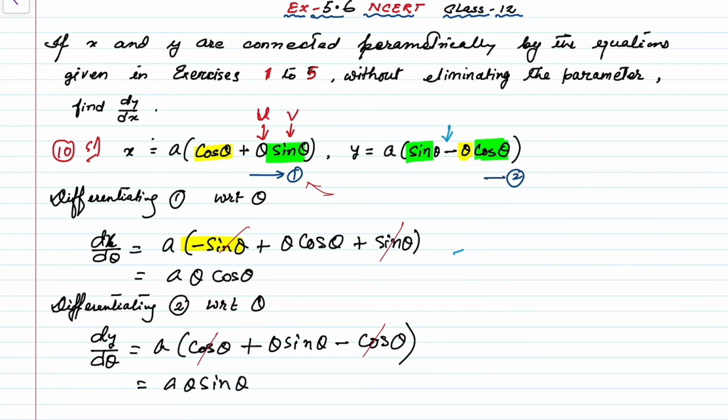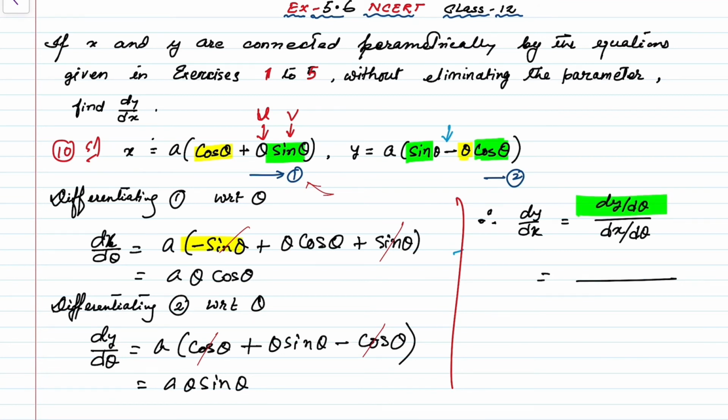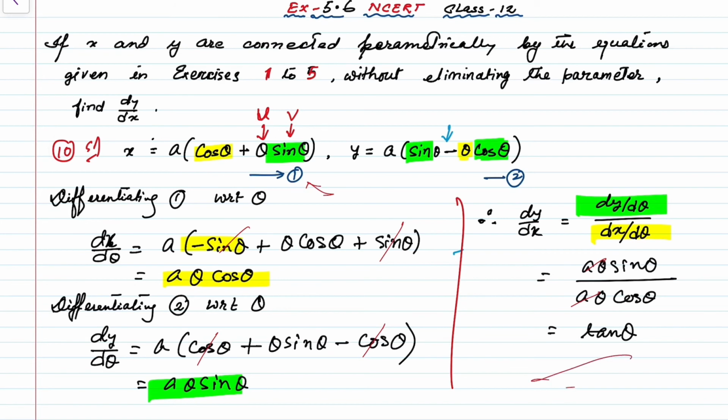Finally we need to find dy by dx, therefore dy by dx is equal to dy by d theta over dx by d theta. If you substitute those values, dy by d theta is a theta sin theta, and dx by d theta is a theta cos theta. So a theta gone, sin theta by cos theta is tan theta. That's our result. That's how we can solve the question.